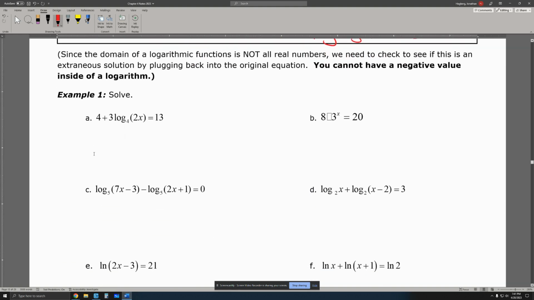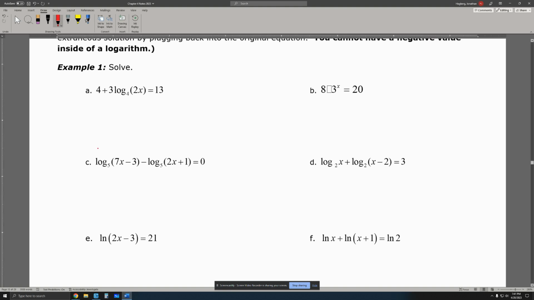Example 1a. Here we have 4 plus 3 log base 4 of 2x equals 13. First thing we're going to do is try to get that log by itself. I'm going to subtract 4 from both sides, and we get 3 log base 4 of 2x is equal to 9. Dividing both sides by 3, getting rid of that coefficient, we get log base 4 of 2x is equal to 3.